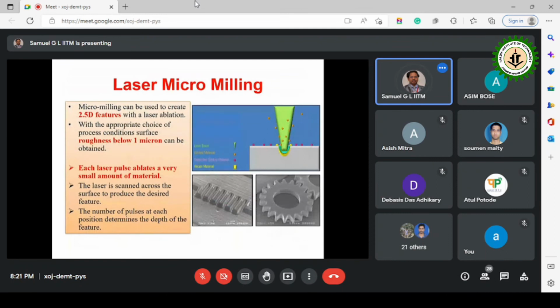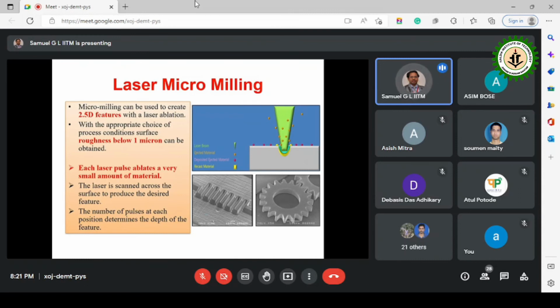And now, by using laser, it's not only drilling, but we can also mill the surface. Milling means, I don't know if you have heard the term texturing of surfaces. We want different types of surface, and we can do that by using laser milling.